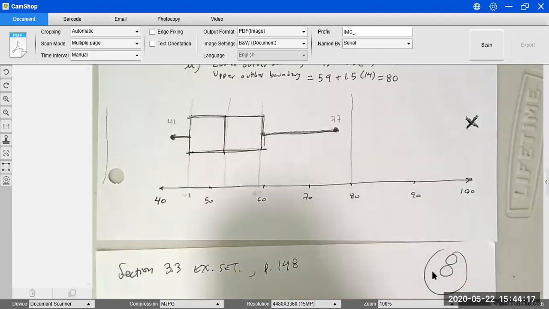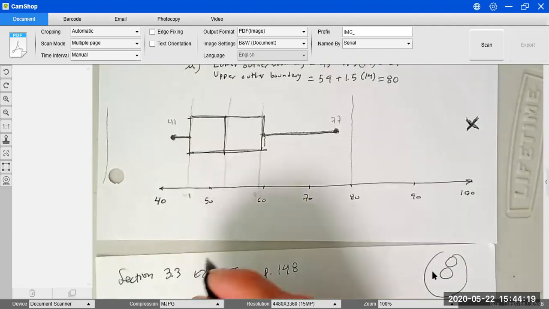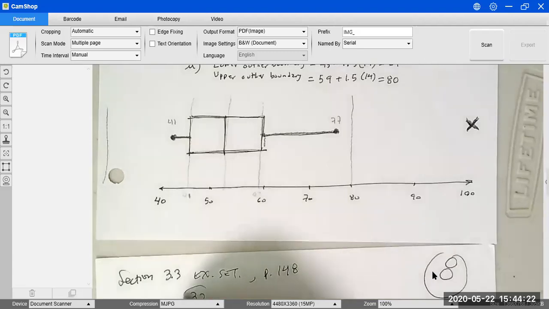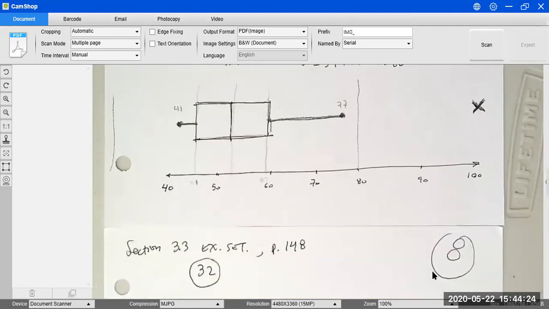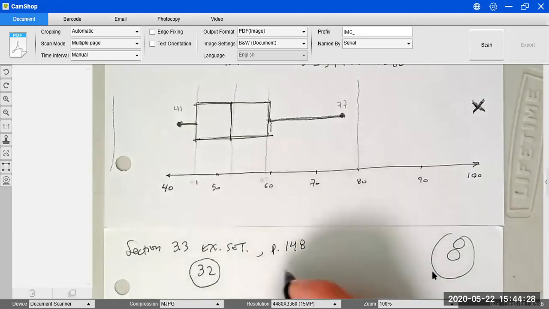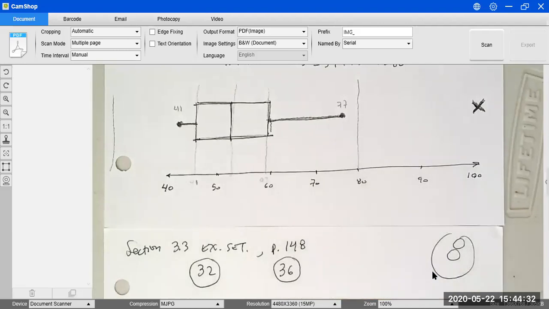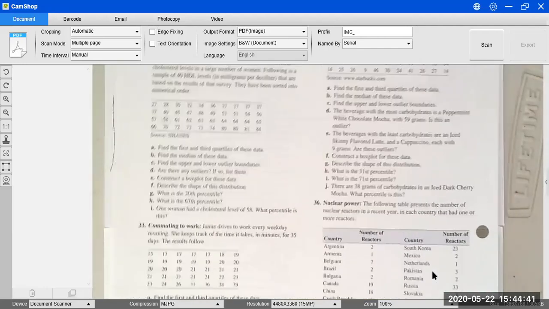So you're gonna finish problem 32. Now you are able to work on all parts of problem 32, and also you're gonna work problem 36. So I'm going to show you again problem 32, and then I'm going to show you problem 36, and with that we're going to finish this lecture.